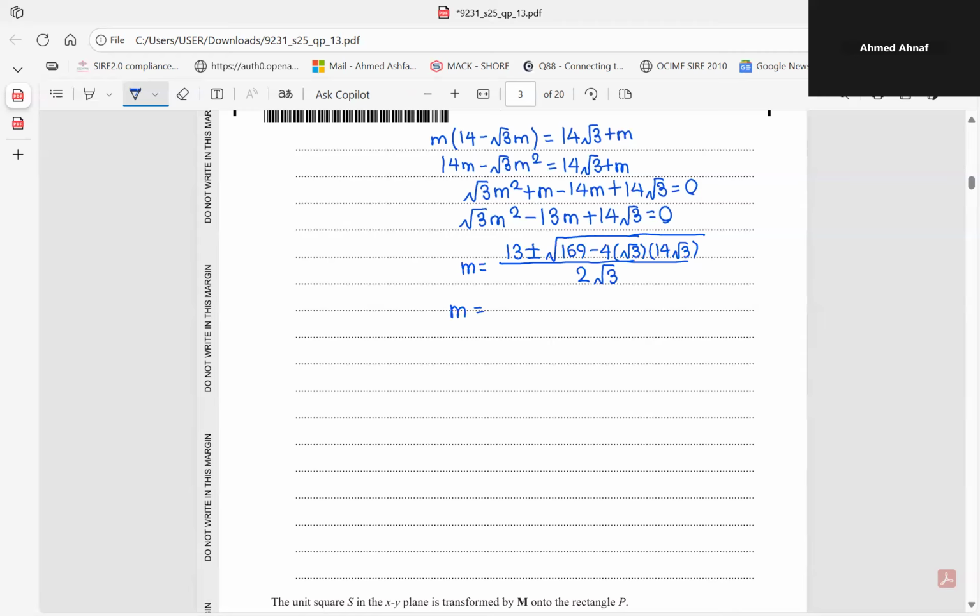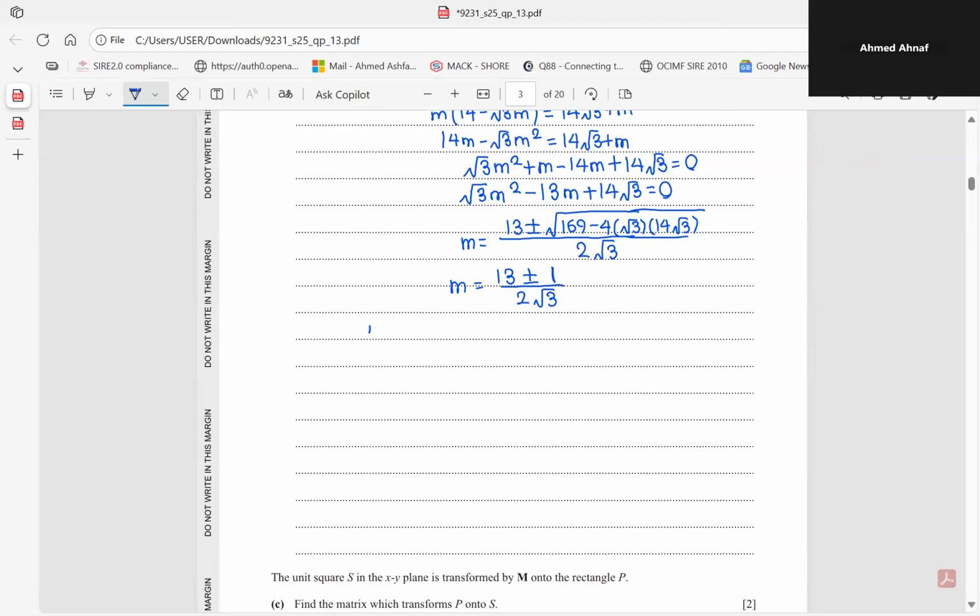Okay, so let's evaluate this. You can type 169 minus 4 times square root 3 times 14 square root 3 into your calculator. You'll get 1. So you can just write this as 1 over 2 square root 3.